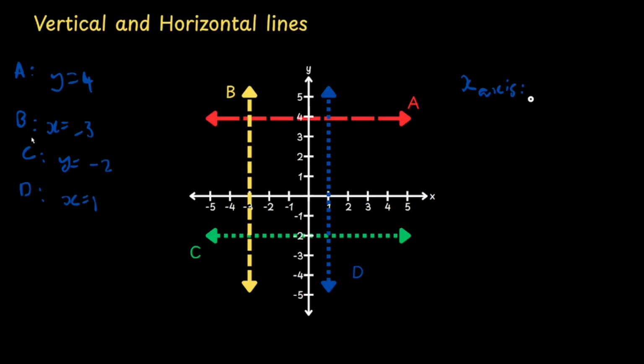Now for the x-axis, the equation is y is equal to 0. And with that being said, it should be quite simple to find the equation for the y-axis. Same process, it would be x is equal to 0. And it's that simple, guys.